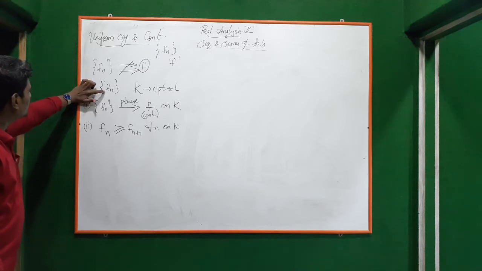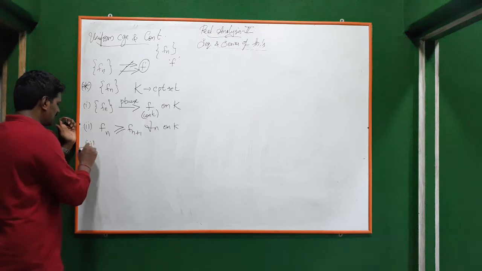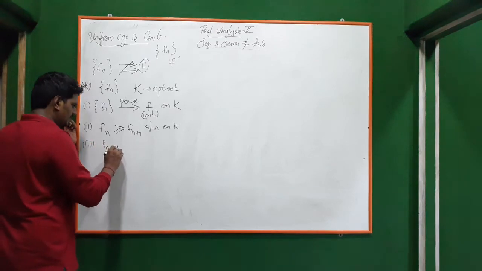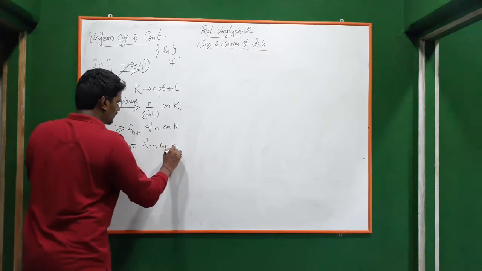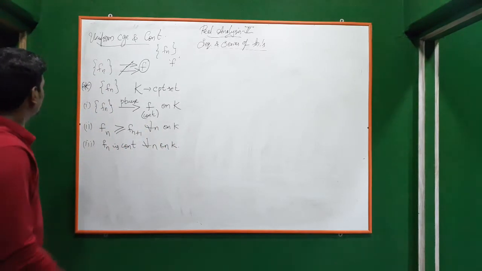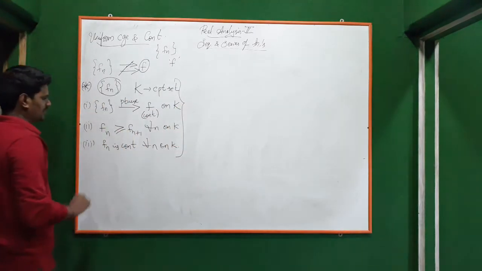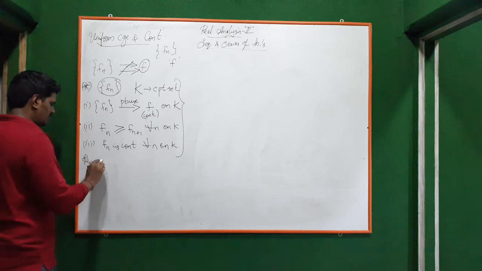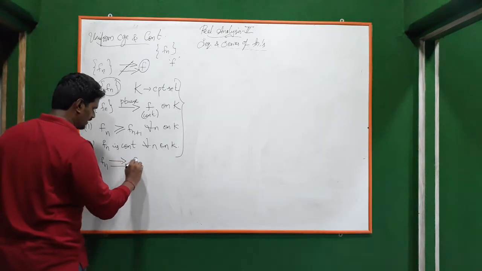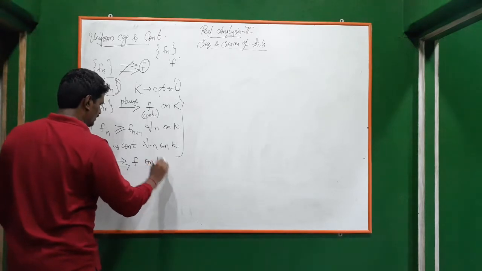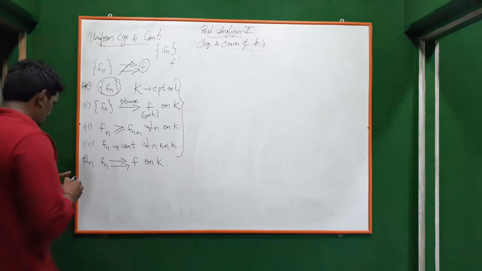The third condition is fn is continuous for any n on K. So these all are there. If there is a sequence which satisfies all these conditions, then this sequence converges uniformly to f on K. So we have to prove this.